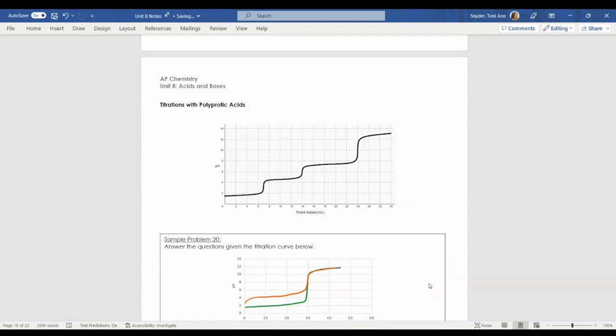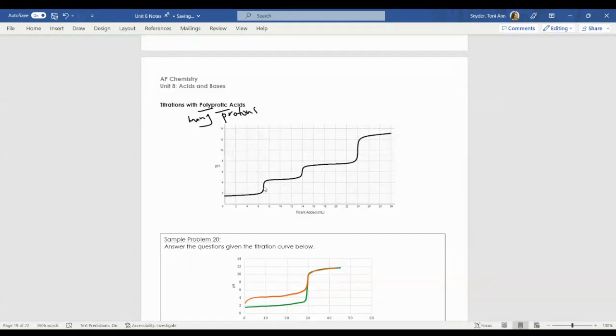Sometimes you might have titrations with polyprotic acid. Poly means many, and of course protic means protons. So you might have a titration curve that shows the titration of many protons leaving that particular acid, and it's going to look something like this.